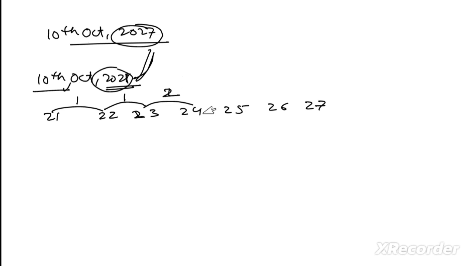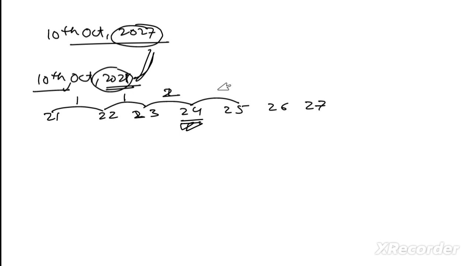But yes, if you are taking this date, then here it will be two extra days, because in 10th of October 2024 we are getting the February part also of this year, and February part means this is a leap year. That's why we have to write 2, because it is a leap year.